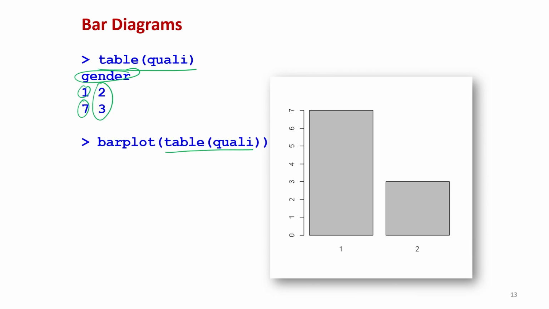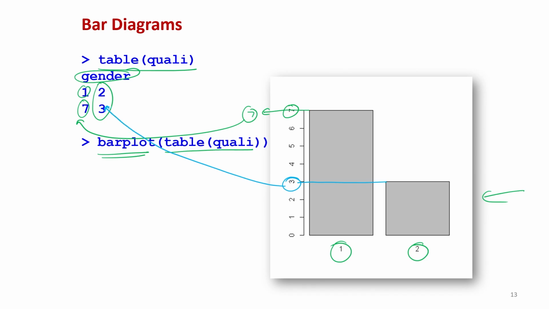And then if you use the command barplot, you can see it will come like this. This is category number 1, this is category number 2, and this indicates the absolute frequency, which is 7, corresponding to this 7. And here this is 3, and this 3 is like this.